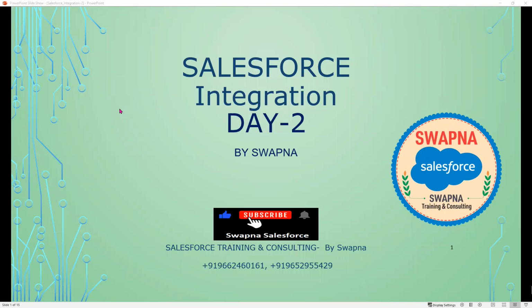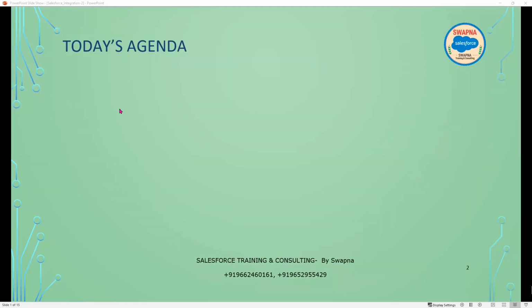Let's see what we are going to learn today. So today's agenda will be, we'll quickly go through the previous session, and we'll talk about the Salesforce integration. What is the Salesforce integration? That is just a quick recap.